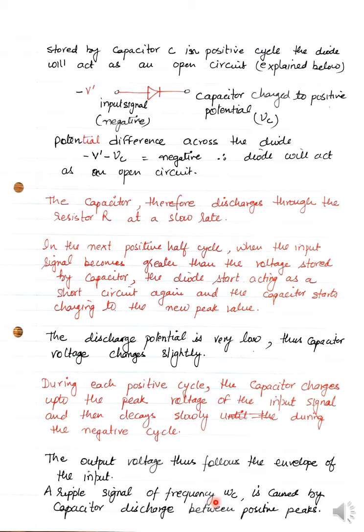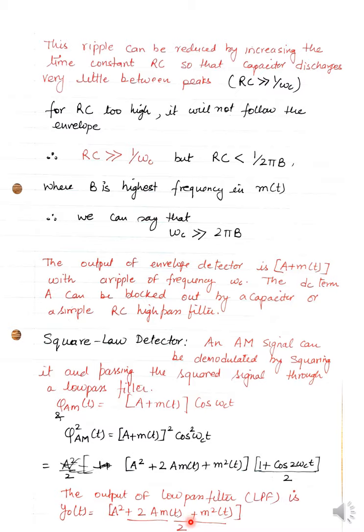A ripple signal of frequency omega c is caused by capacitor discharge between positive peaks. This ripple can be reduced by increasing the time constant RC. Why is this a time constant? I think you might have studied in your electrical course that tau equals RC.